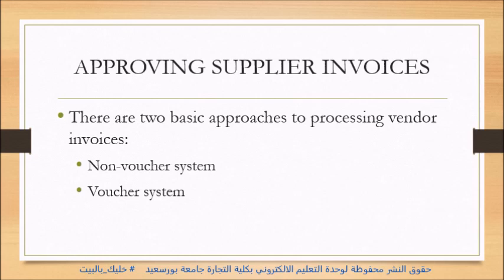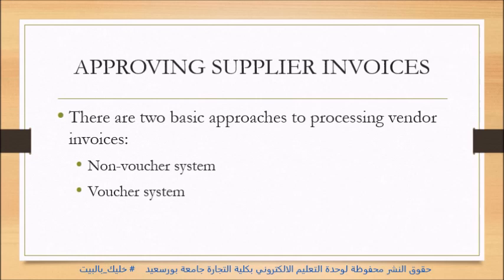It is also possible to eliminate supplier invoices altogether. For most recurring purchases, companies know the prices of goods and services at the time they are ordered. So, as soon as receipt of goods and services is verified, all the information required to pay the supplier is already known.